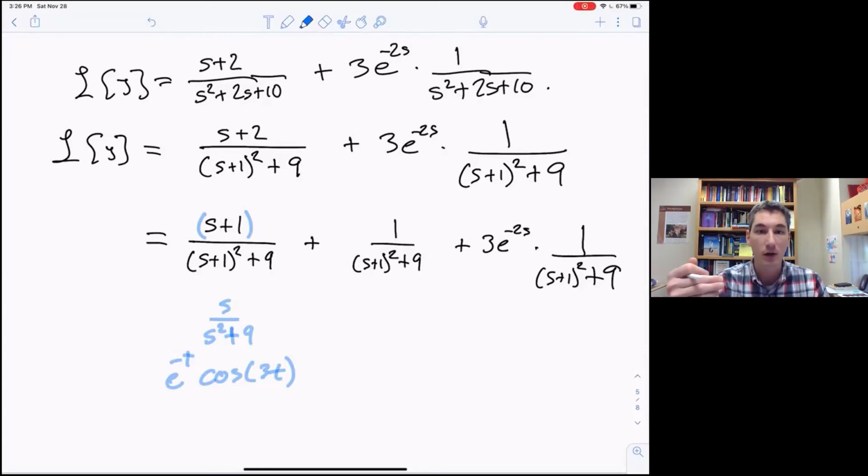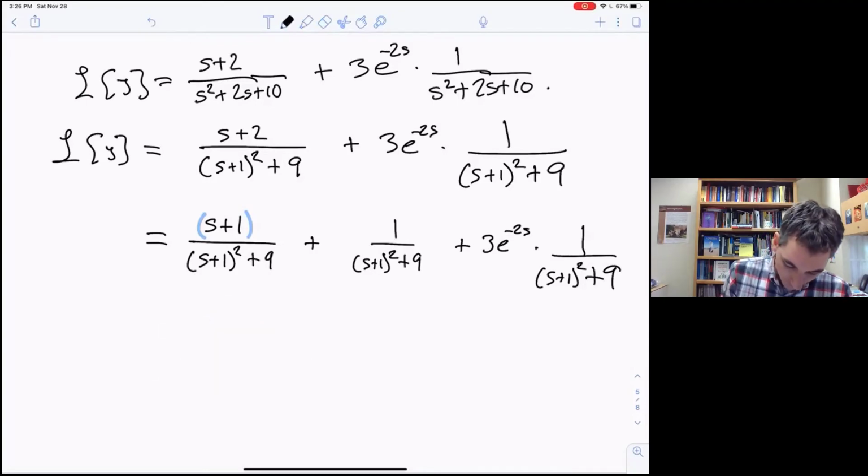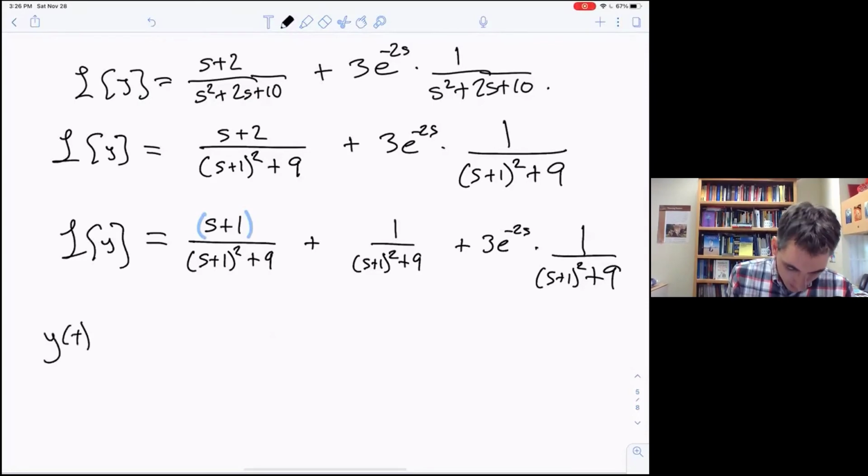Because the s plus 1, we're using that first translation theorem. We're multiplying by e to the at becomes a shift of s to s plus a on the right-hand side. Okay, so this one here, if I erase this work, should really be e to the minus t cosine of 3t.